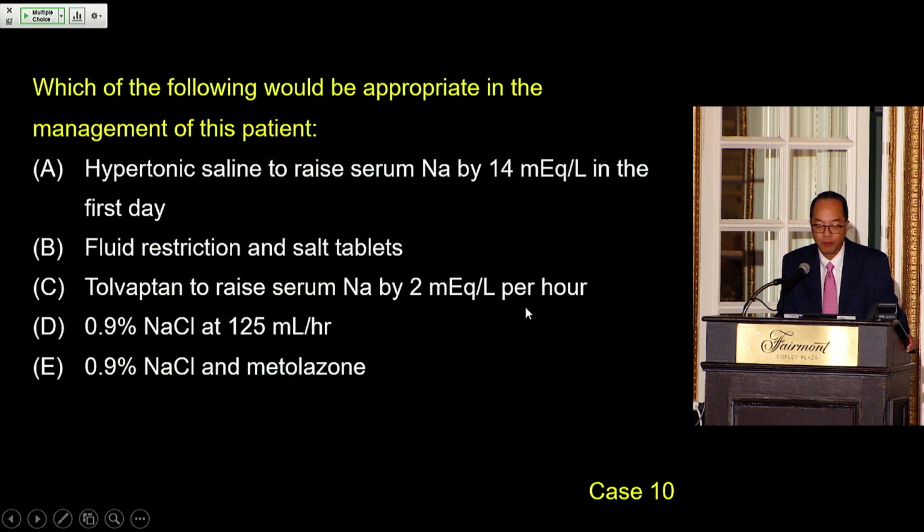Which of the following would be appropriate in the management of this patient? Hypertonic saline to raise serum sodium by 14 milliequivalents per liter in the first day, fluid restriction and salt tablets, tolvaptan to raise serum sodium by 2 milliequivalents per liter per hour, normal saline at 125 an hour, or normal saline and metolazone.